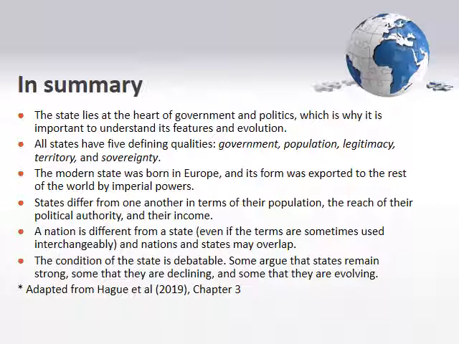A nation is different from a state. These are separate terms, and you should be able to identify the differences, although they do overlap in ways, like the term nation state, when you have a state that is controlled by a single nation. Now, the condition of the current state system is debatable. Some argue that states are going to remain strong, others that they're declining, and some just say that they're changing or evolving.